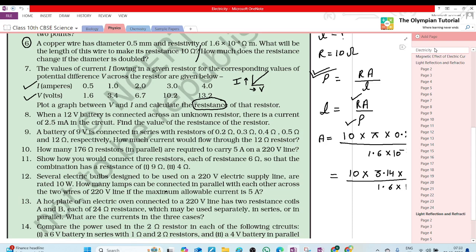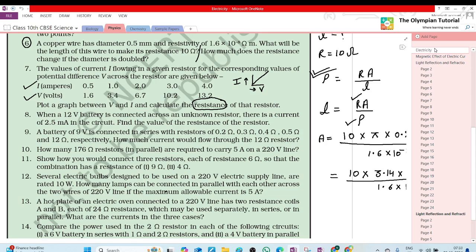The values of current I flowing in a given resistor and the corresponding values of potential difference are: 0.5 ampere current with 1.6 volt potential difference, then 3.42, then 6.73, 10.24 and 13.2. So here you have to plot a graph between V and I and calculate the resistance.